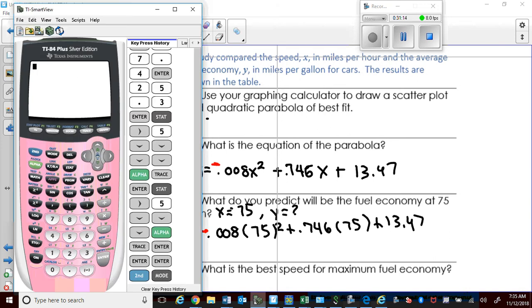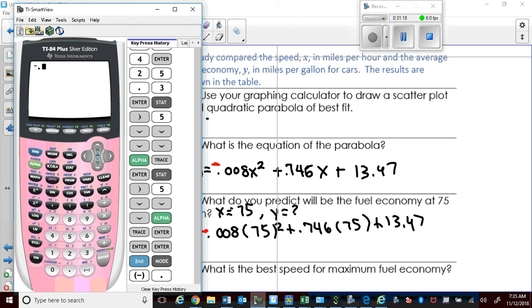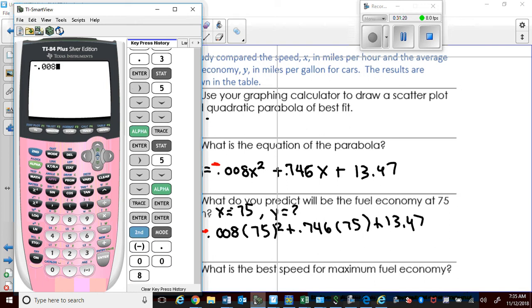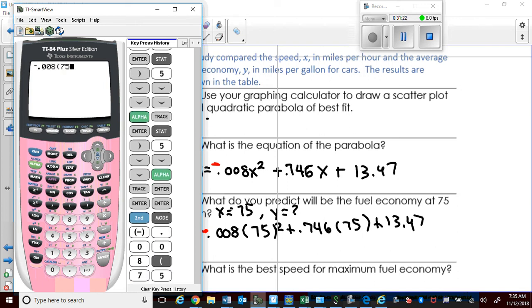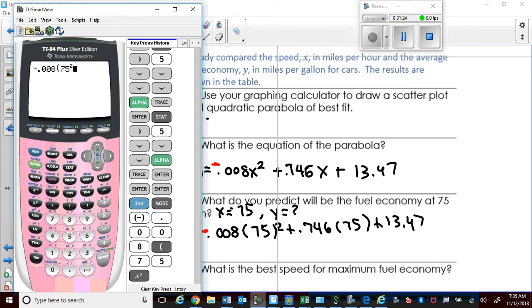So you be careful and double check your graphing calculator. Press negative 0.008 times 75, and it's squared.